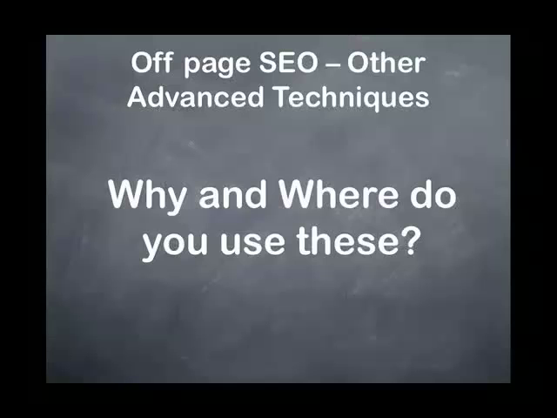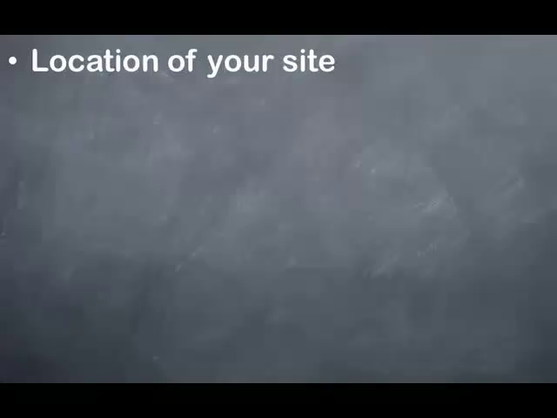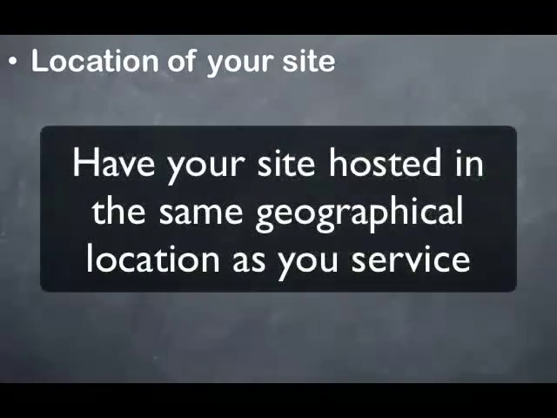So we'll get straight into it. The first one is the location of your site. For instance, if you're looking at ranking for Los Angeles or within the Los Angeles geographical area for a specific keyword within that particular region, then it's really good if you can get the site hosted within that particular region.